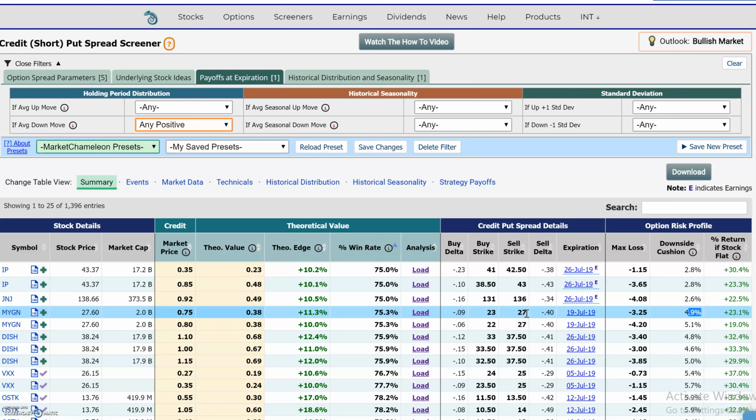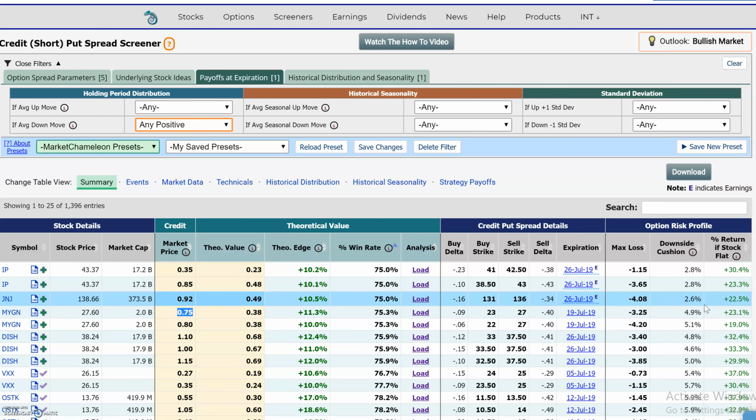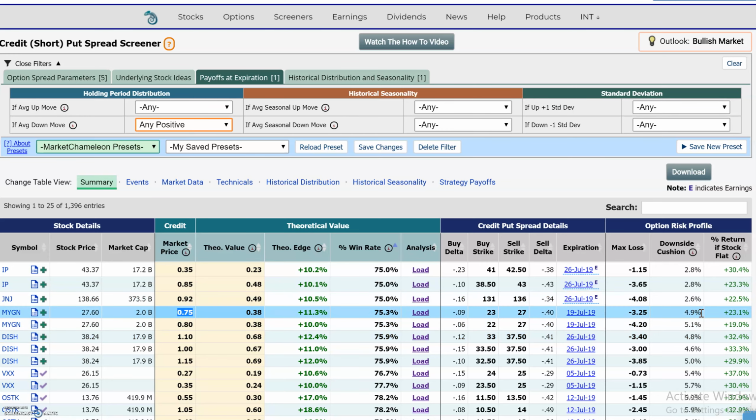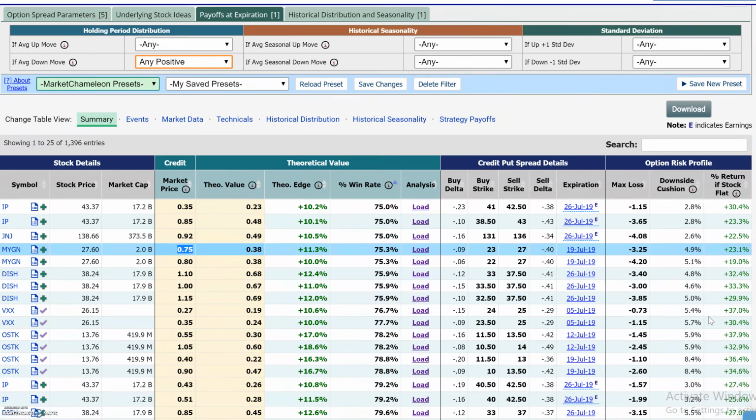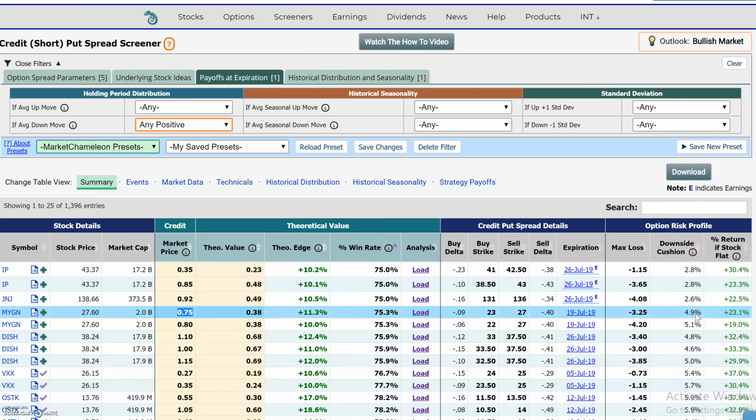It could still fall below 27, right? You could still fall below 27 by 75 cents to 26 and a quarter for us to break even before we start losing money.